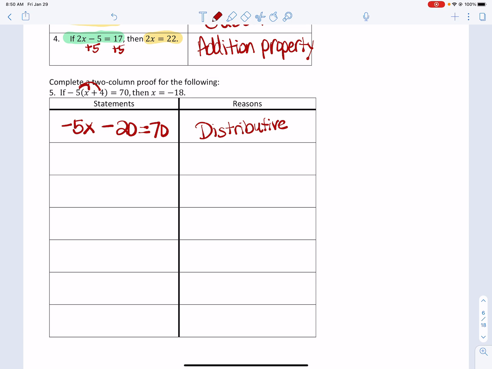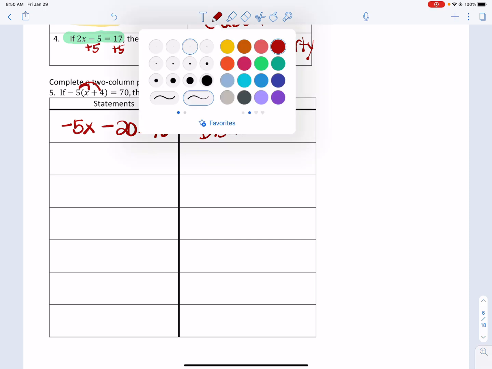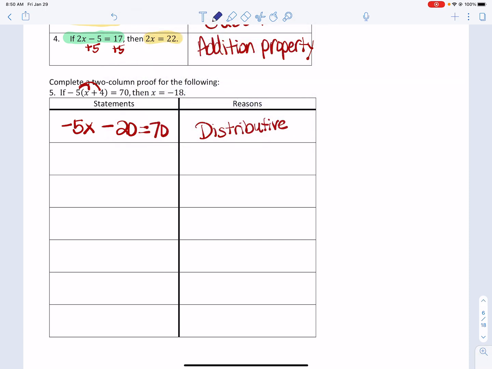Okay. And we've been working on these, so if you want, a lot of the kids in class are going to want to put like a double line here, which is totally fine. Okay, so now I'm going to add 20 to both sides. So I end up getting a negative 5x equals 90, right?